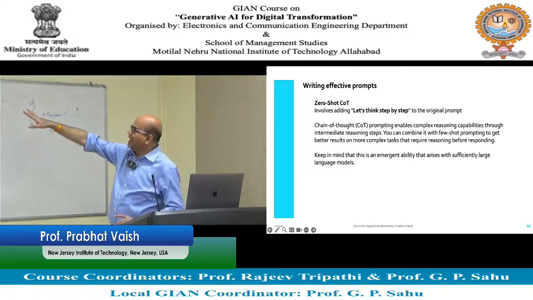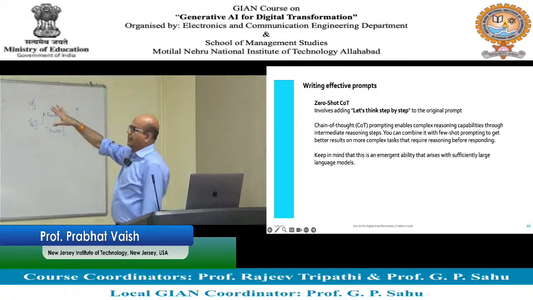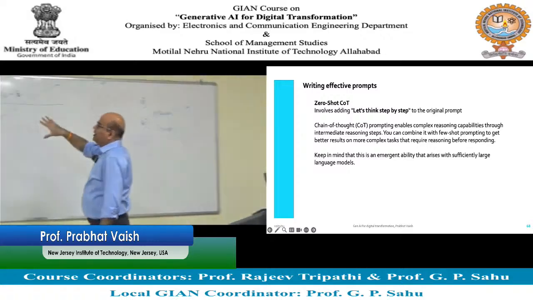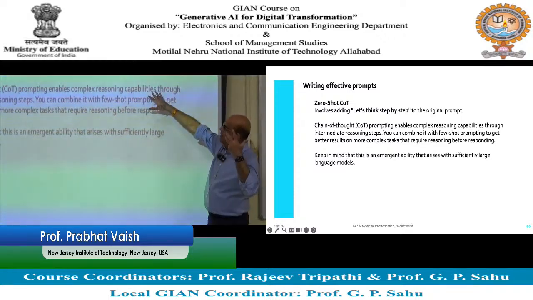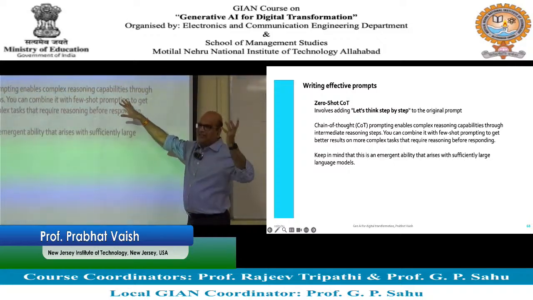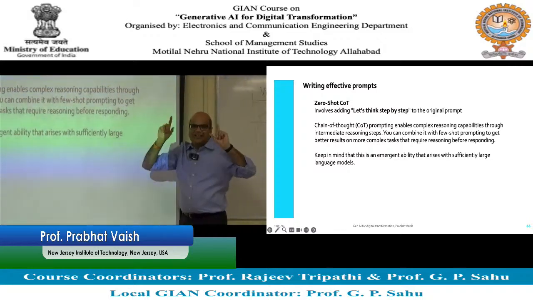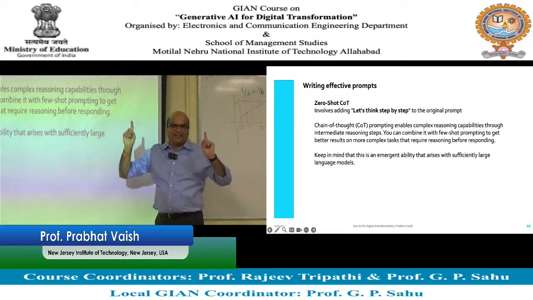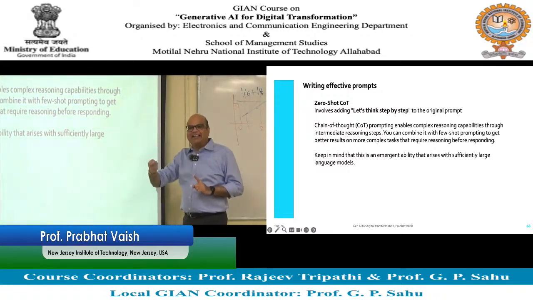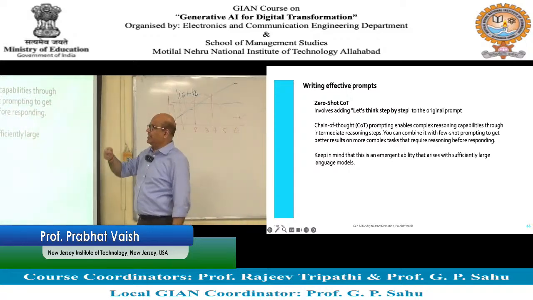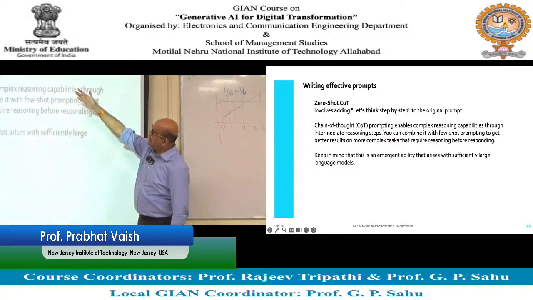So just by adding the let's think step by step, basically you are prompting the model to discover. Again, I'll give the example what I mentioned earlier. The model has a lot of capability like Hanuman, but it doesn't know what it has. So you have to remind it that, hey, try doing this, try doing this. Just say think step by step.